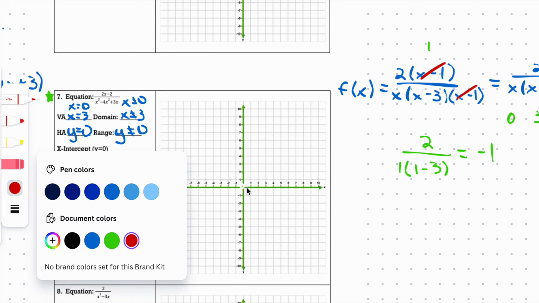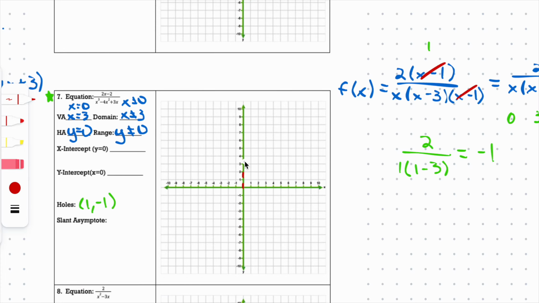Okay, so let's start graphing this. We have a vertical asymptote at x equals 0. And then we have another vertical asymptote at x equals 3. Sorry, this takes a somewhat long time.